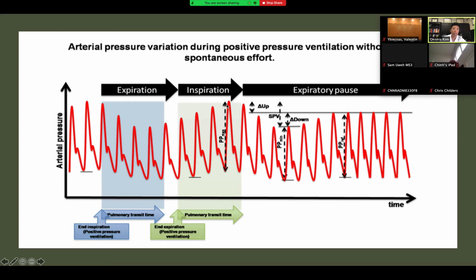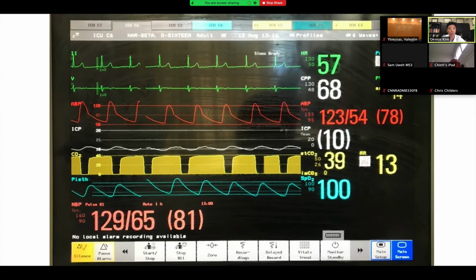So you can look at the pulse pressure of the highest or largest waveform minus the lowest waveform and divide it by the mean of the two. And if the value is greater than 13%, your patient is fluid responsive.